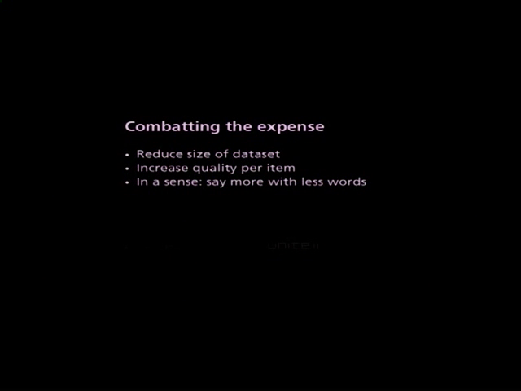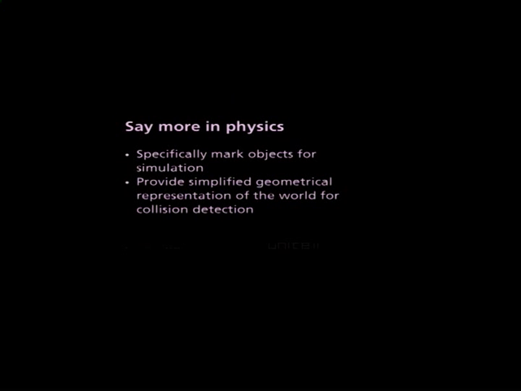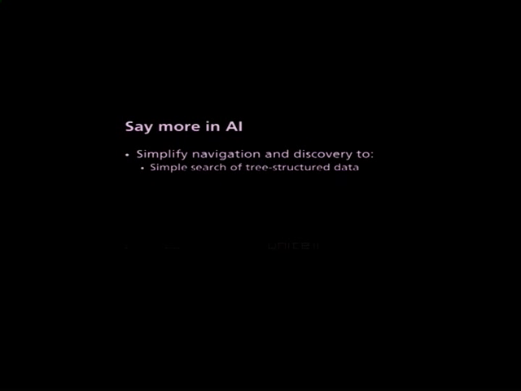And to illustrate that, in physics, which I guess a lot of you are familiar with, you specifically mark which objects should be simulated. You provide a simplified geometrical representation of the world rather than using the rendered one. And similarly, to do the same in AI, you simplify navigation and discovery to a search of tree-structured data, which is a simple enough problem.